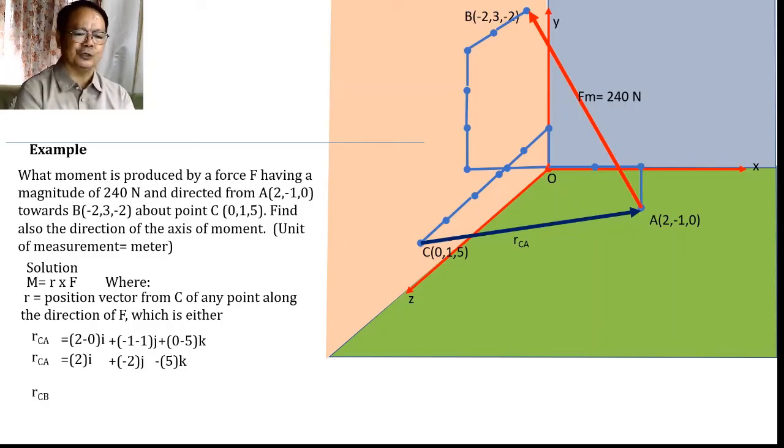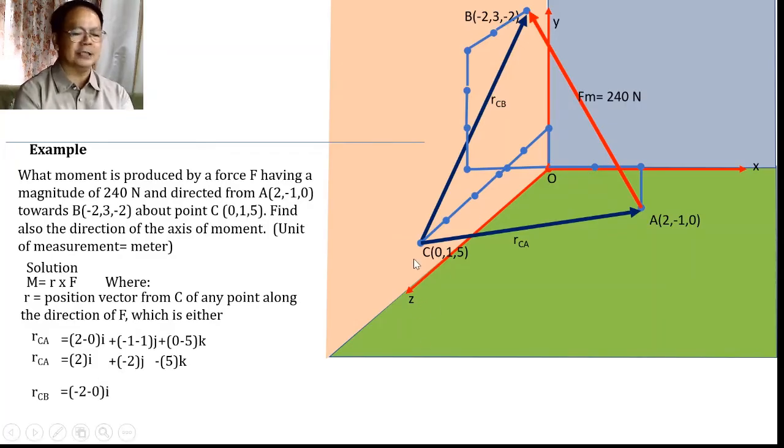We can use the position vector of B from C. The value should be the coordinates of point B minus the coordinates of point C, and that will give us (-2 - 0)i plus (3 - 1)j plus (-2 - (-5))k, and that is equal to -2i plus 2j plus 3k.